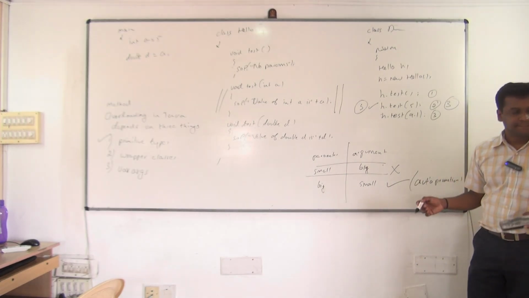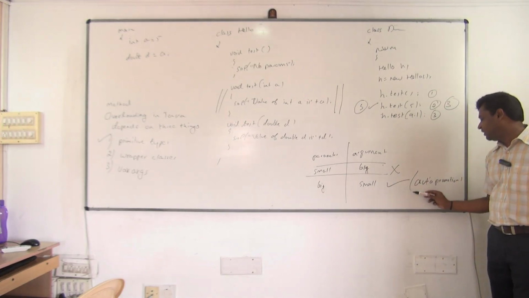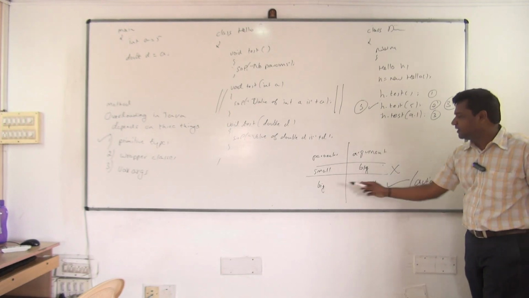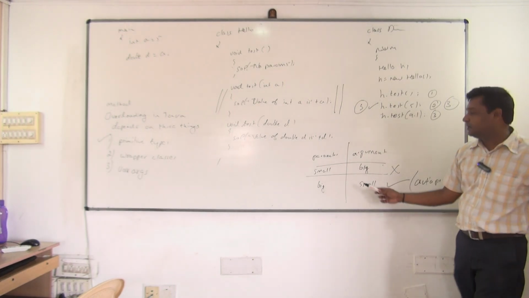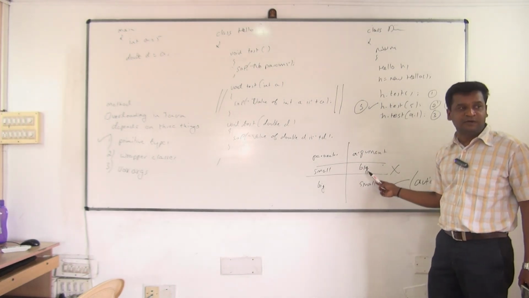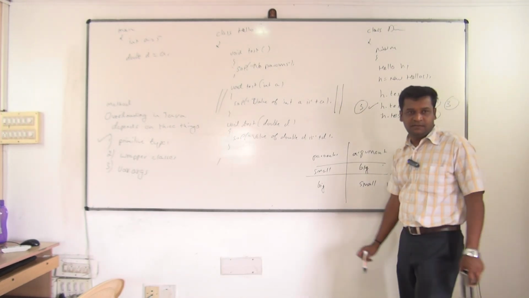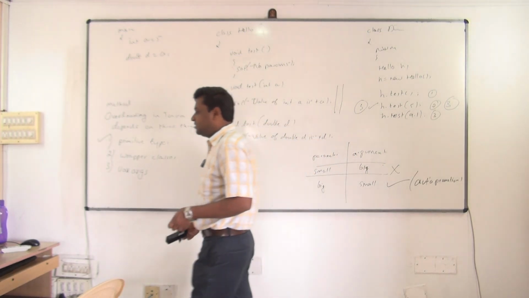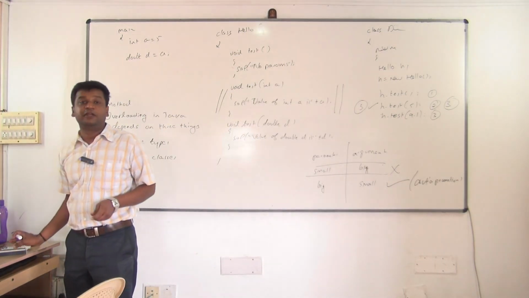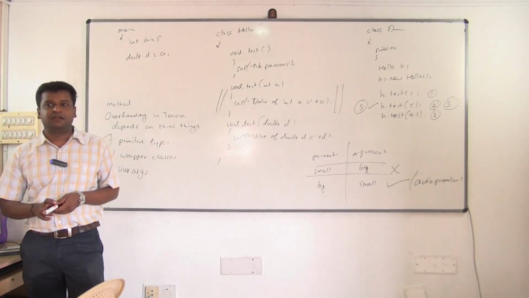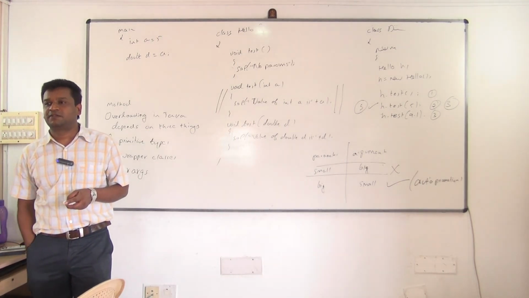Same it is. So this will be possible with the help of auto promotion. If your parameter is big and argument is small, it is possible. But if your parameter is small and argument is big, it is not possible. Check this out. Clear? So this completes method overloading with primitive data types. Wrapper classes and var args are still pending.